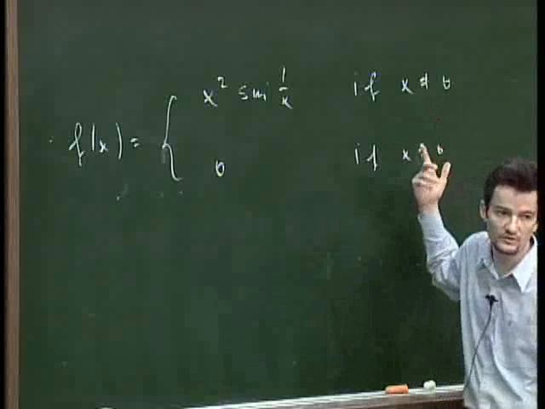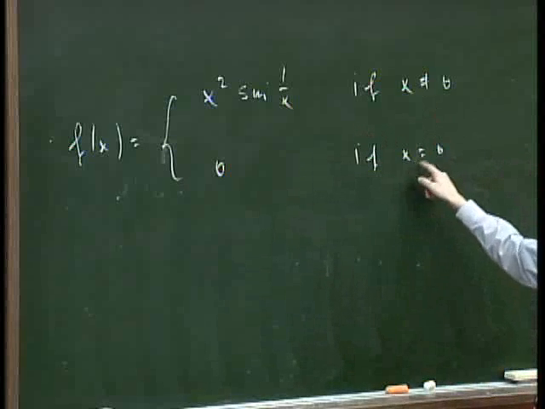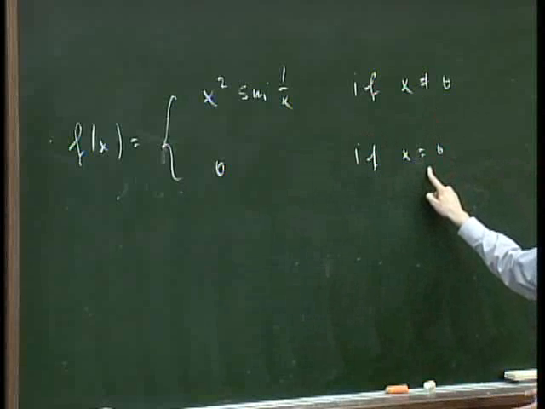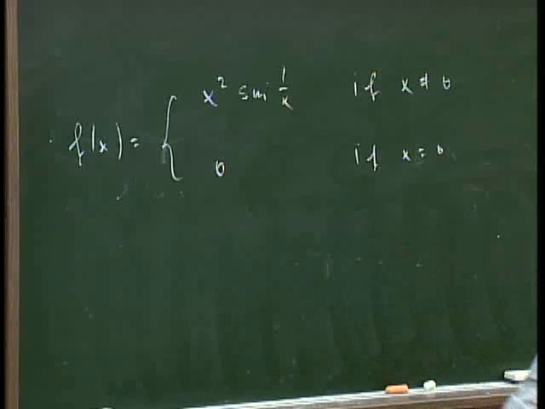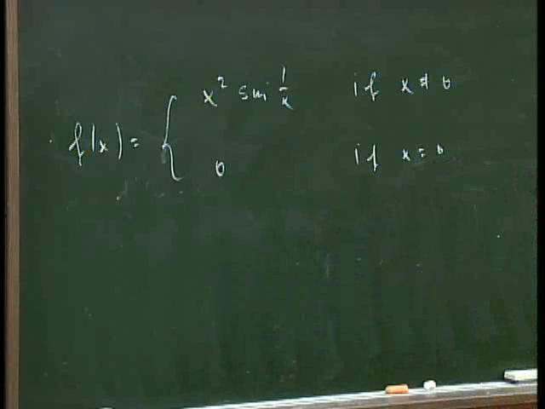If x is not equal to 0, it's clear that the derivative exists, but you easily check the derivative at x equal to 0 also exists and is equal to 0. Then you write down the derivative completely, and you will observe the derivative is not continuous at 0. So this is a function which is differentiable at 0 but whose derivative is not continuous at 0.